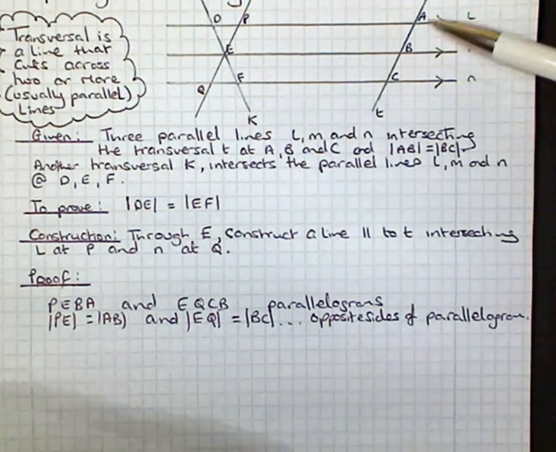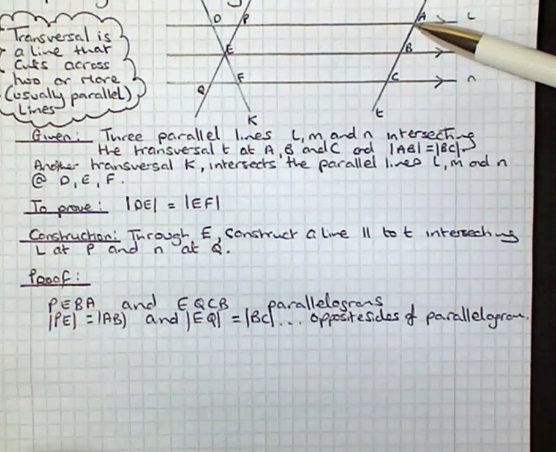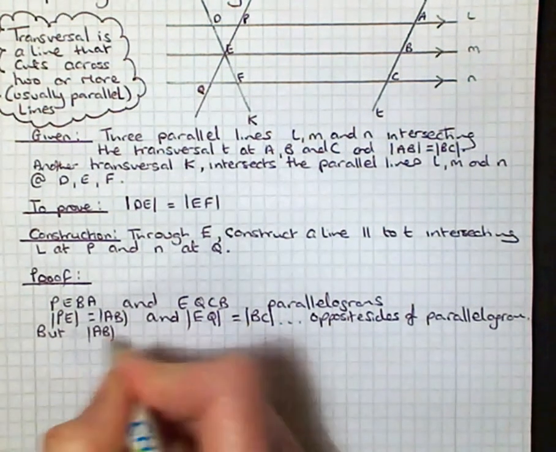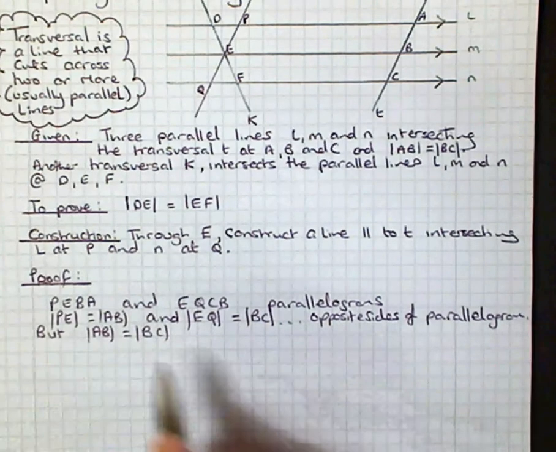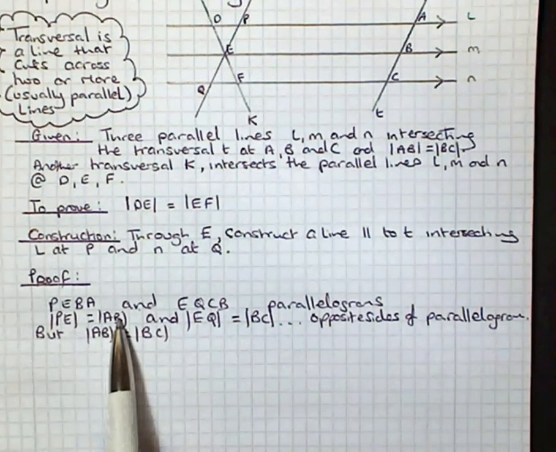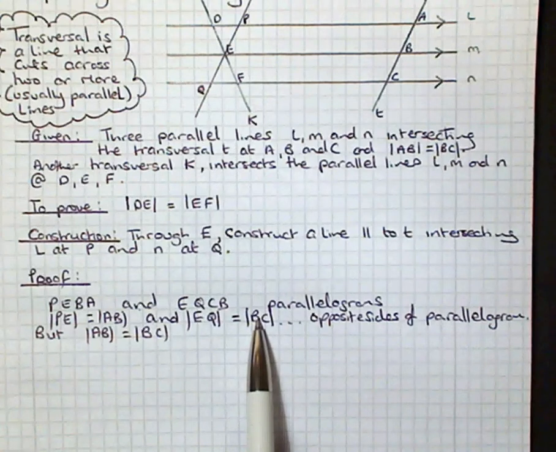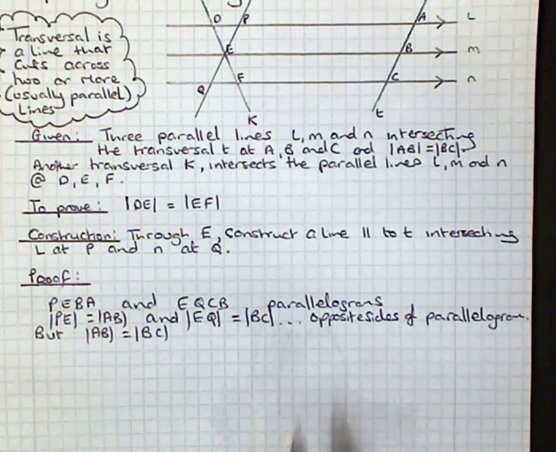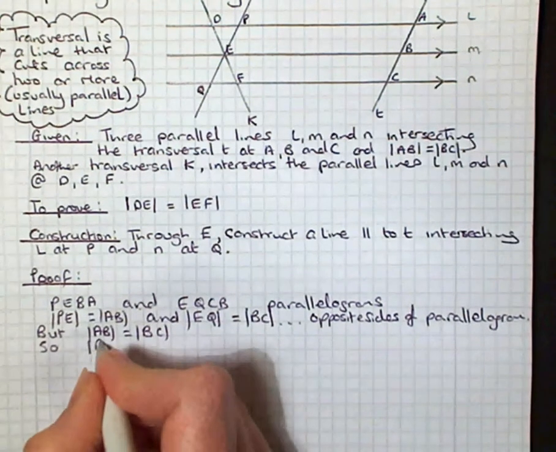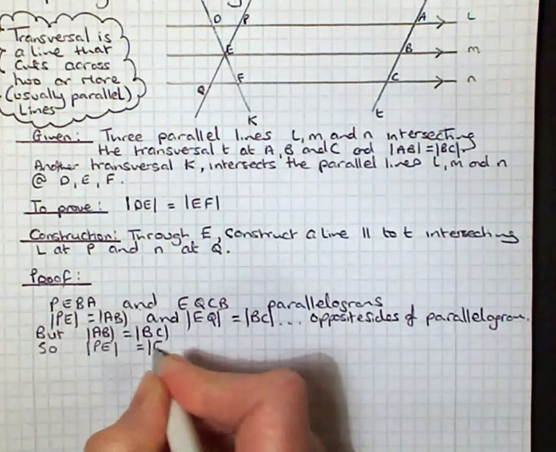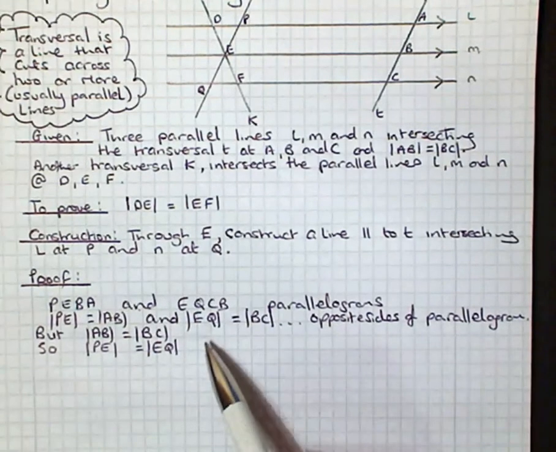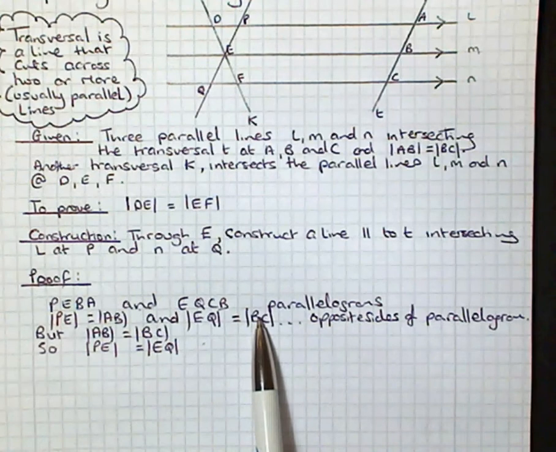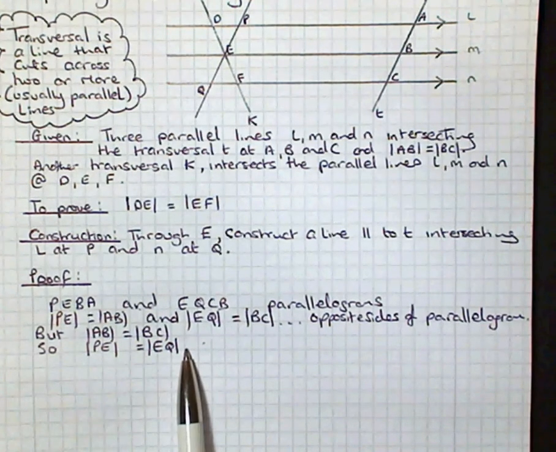Now, as stated in the theorem, AB is equal to BC. So if PE is equal to AB and EQ is equal to BC, then I can say that PE is equal to EQ, because they're both equal to the same thing. So that's our first step.